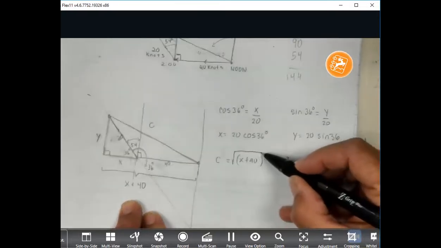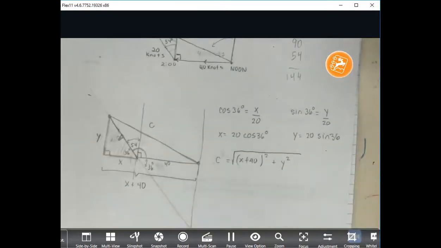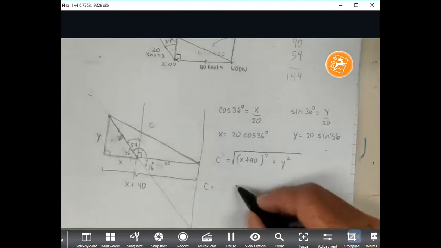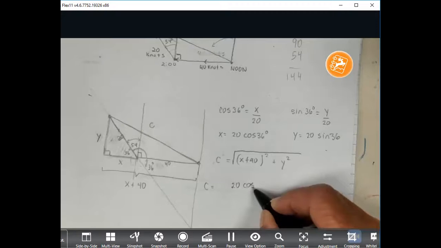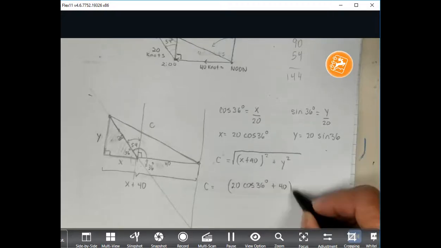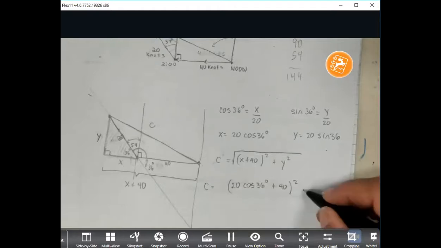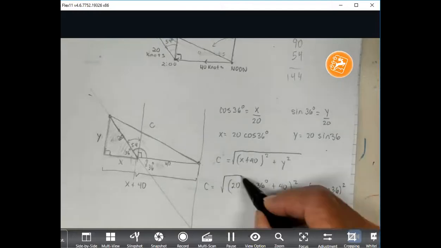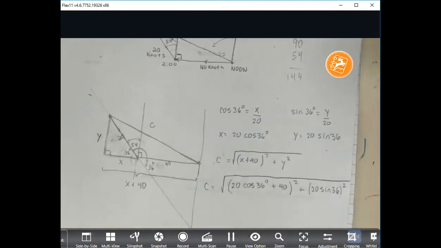Everybody with me? And now I've got numbers for X and Y, so we plug them in. 20 cosine of 36 degrees plus 40, squared, is the X plus 40 squared. And then the Y squared is 20 sine of 36 squared. And that whole thing is the distance between the two ships.